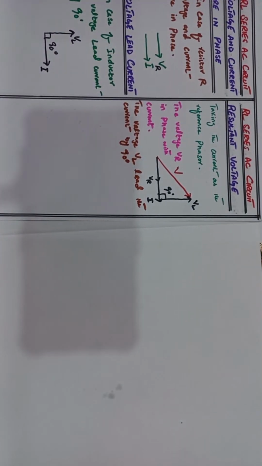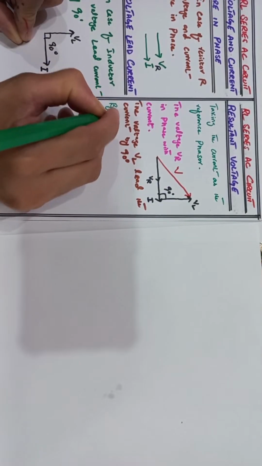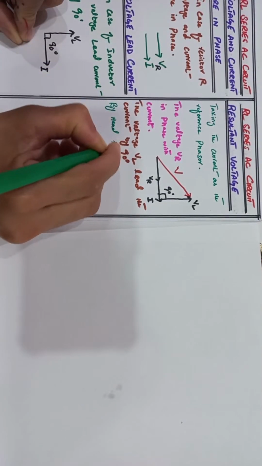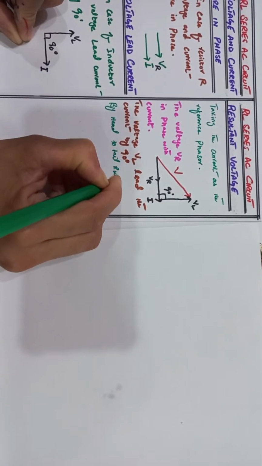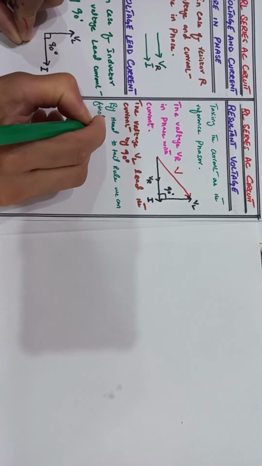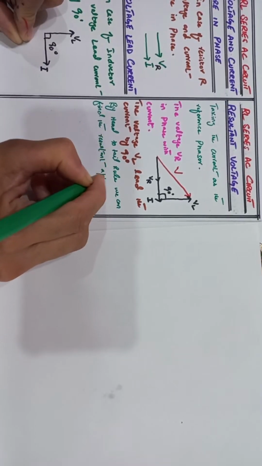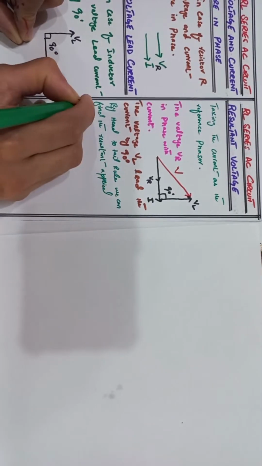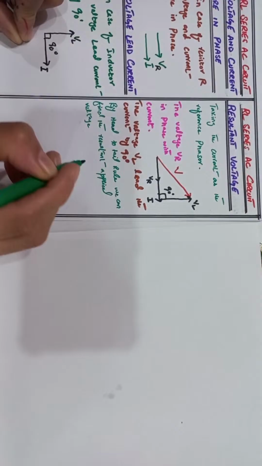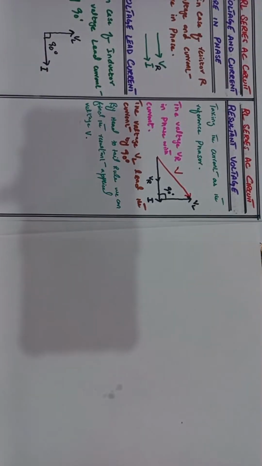So by the head to tail rule we can find the resultant applied voltage V. Okay, we find the resultant applied voltage V.